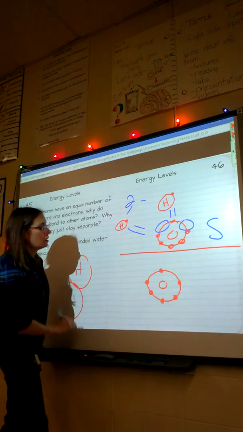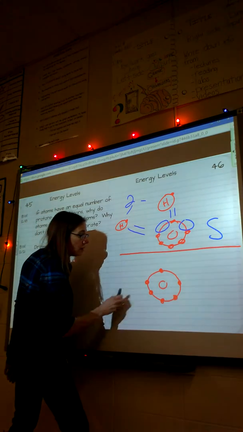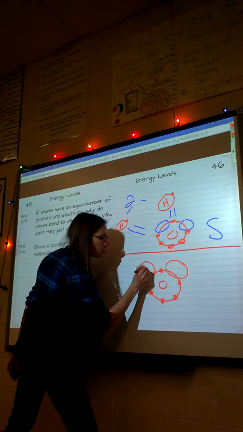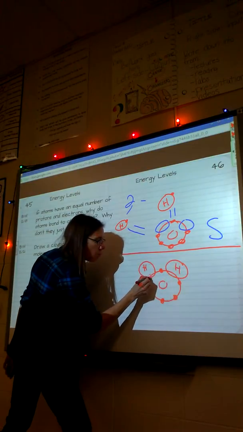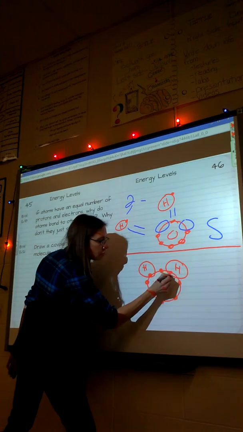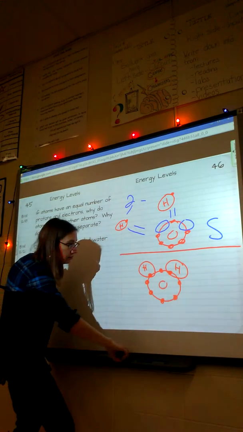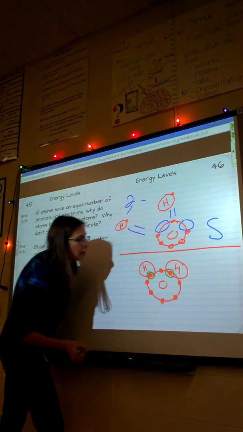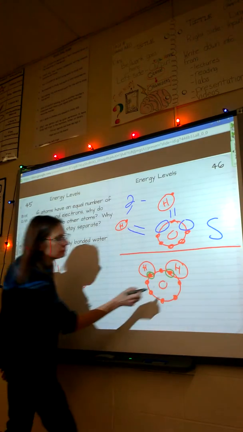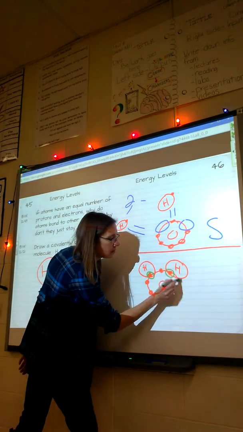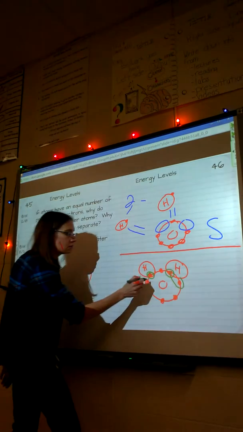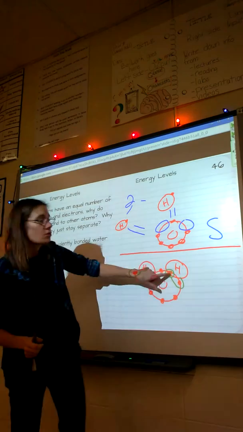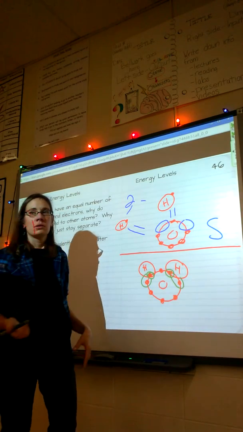Then we had the hydrogens, which each have 1 that it now shares by a covalent bond. So right here is the one that's being shared. So this one now has access to these 2, so it's full. And the oxygen has access to these 2 to complete 8. So everybody's happy.